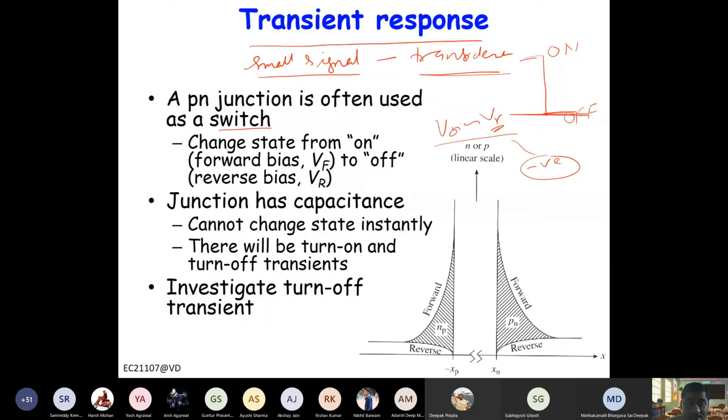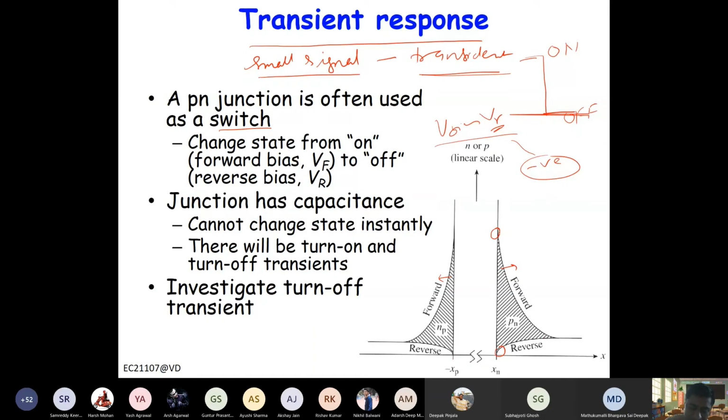And if you consider them, when it is forward bias, injected carriers are quite large. And you have a curve like this. This is the minority carrier concentration. Similarly, on the other side, in case of reverse bias, there is carrier extraction. So this curve goes down, right?